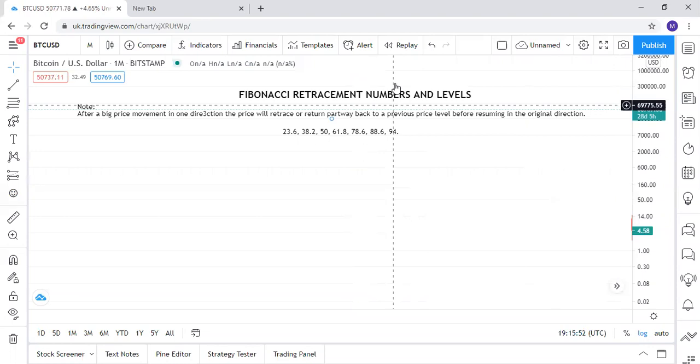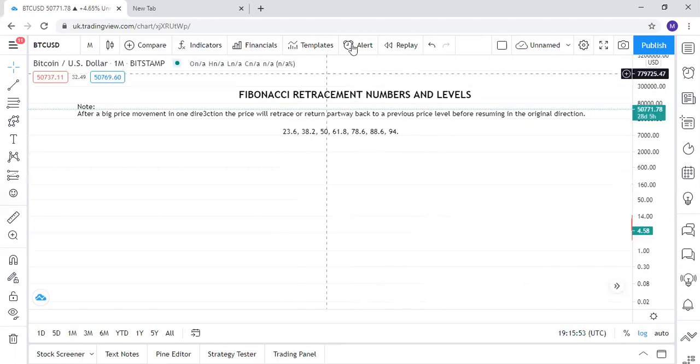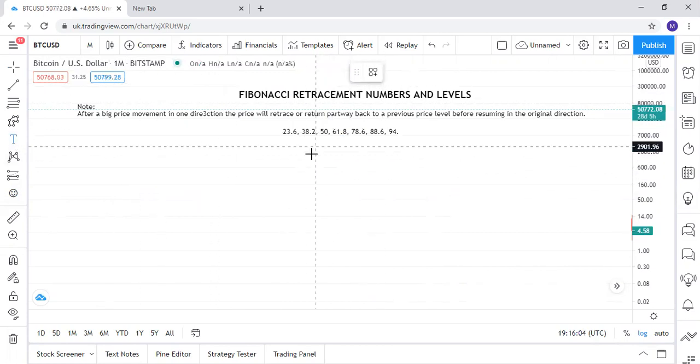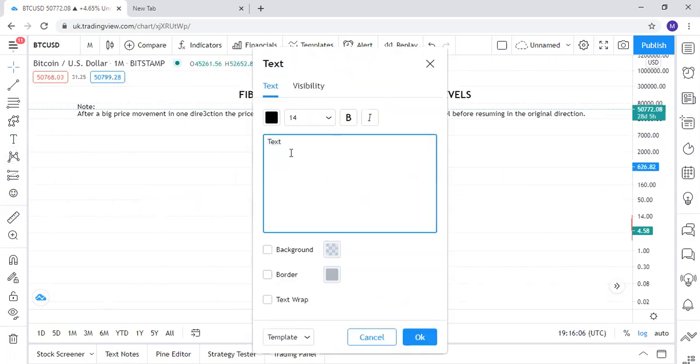So assuming you have someone you want to teach Fibonacci, to have more content to teach, it's always good that I talk about the numbers. Fibonacci numbers are not random numbers.